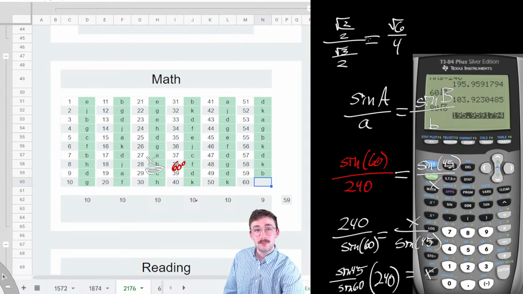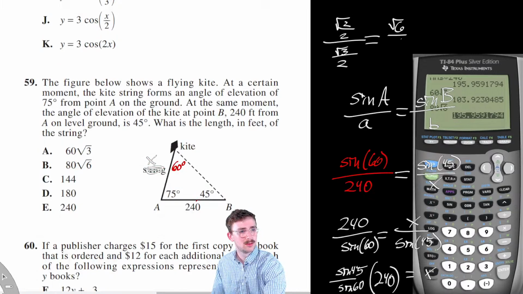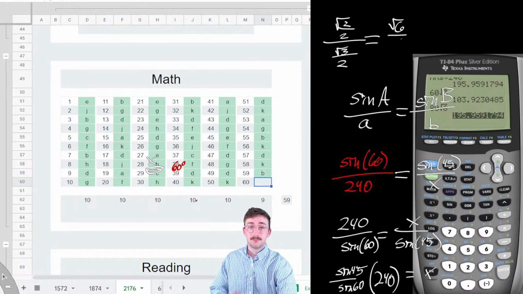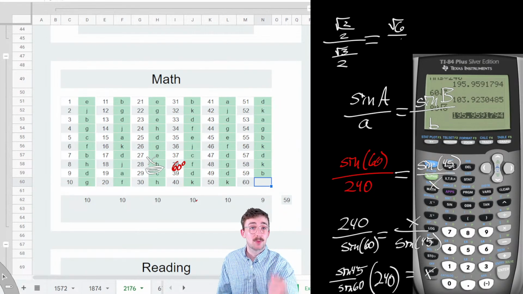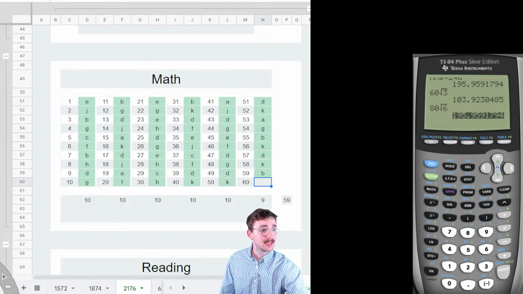So 1/4 of 240 is 60. Did we have 60? Was it 60 times square root of 6? No, 80 times square root of 6. Oops. I don't know what I'm doing there. I'm not worried about it. I got the problem right. Anyway, that'd be the smart thing to do, but pushing on. You don't gotta be smart. You just gotta be savvy.